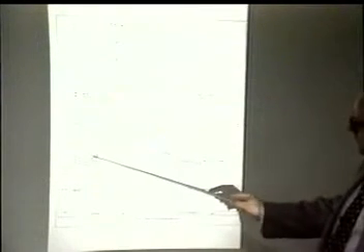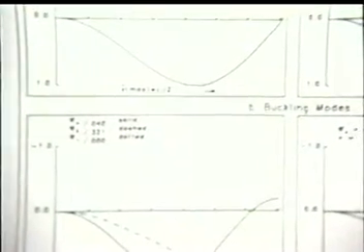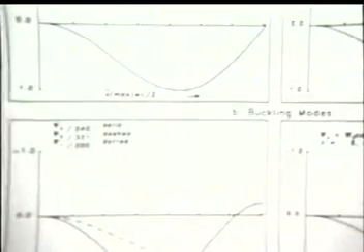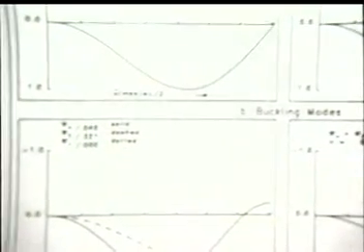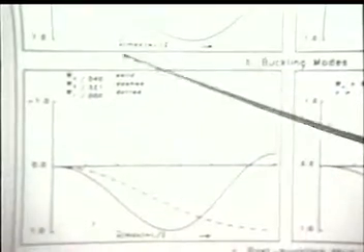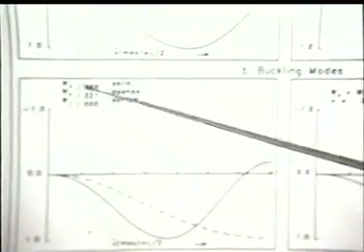This is a pre-buckling solution. It is axisymmetric. This is a buckling solution with n equal to 8 waves. And this is a post-buckling solution which has W alpha and W beta. No W gamma, because this is an orthotropic shell and there is no skewedness in the buckling pattern. Notice these here are normalized by their maximum value.